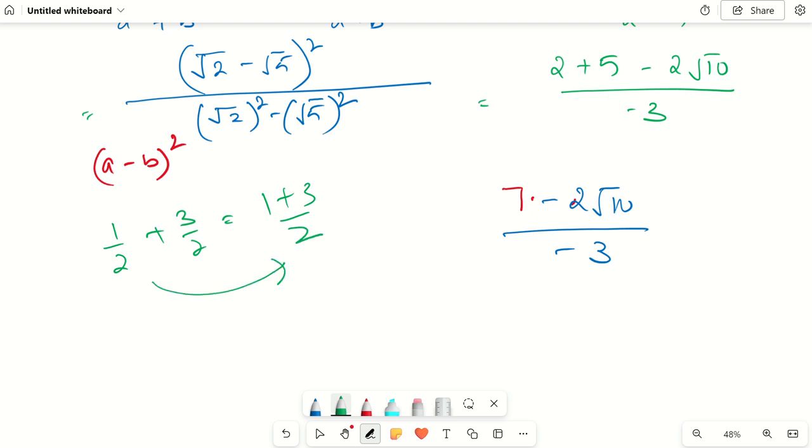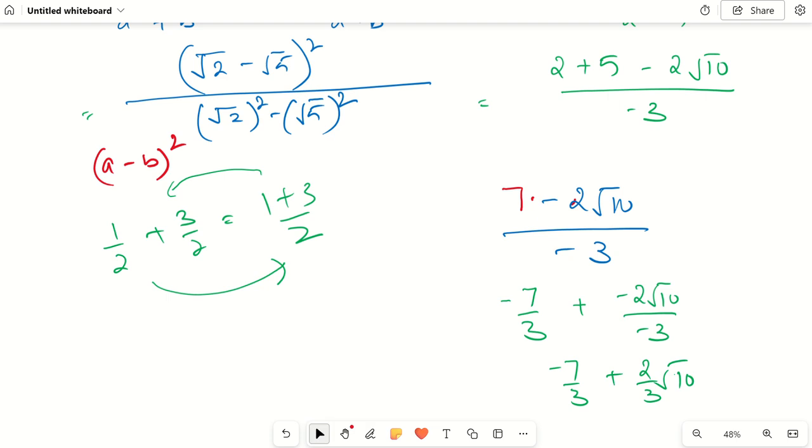If denominators are same, we combine the denominator and we add the numerators. But here I will do ulta. So it is nothing but minus 7 by 3 plus 2 root 10 by 3. Which is nothing but minus 7 by 3 plus 2 by 3 root 10.